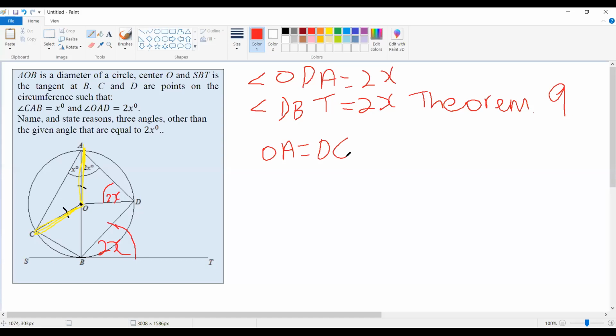And since we know that, we can safely conclude that angle ACO is equal to X. Because again, this is an isosceles triangle, and base angles are equal. So if this one here is X, this means that this part here is also X. Yes, people? Hello?